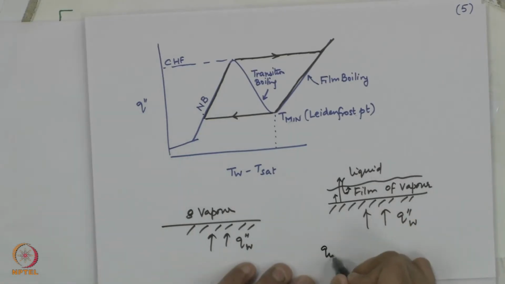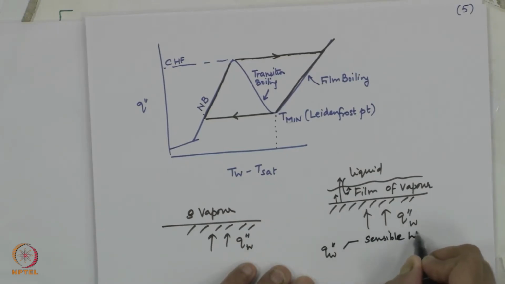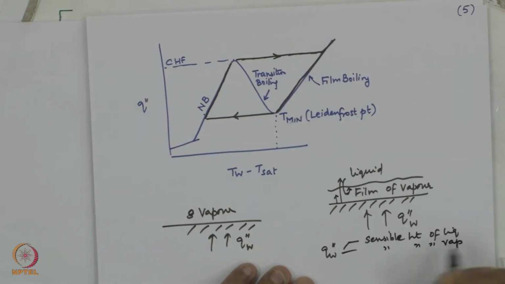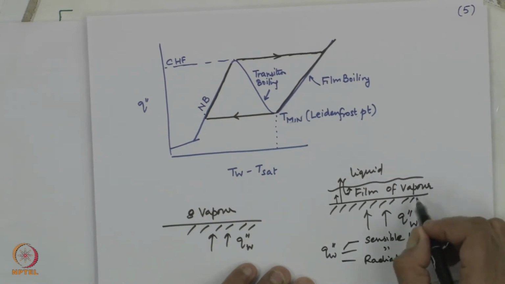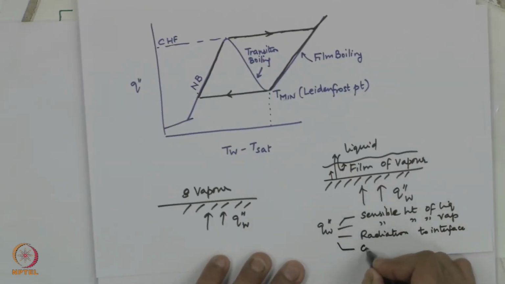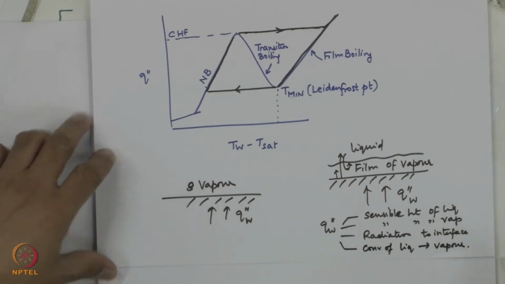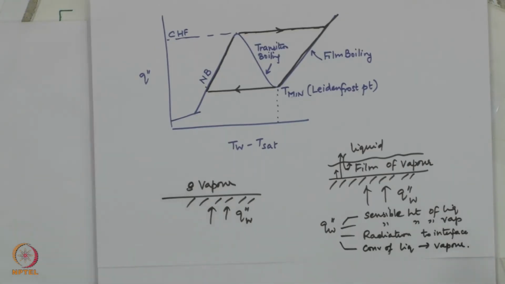So, budgeting of this q double prime into sensible heating of liquid, sensible heating of vapor, radiation to interface. This can be treated as heat transfer between two parallel cylinders. Then you have conversion of liquid to vapor. These multiple mechanisms are going to be there in film boiling. So, for us to model film boiling is going to become very difficult.